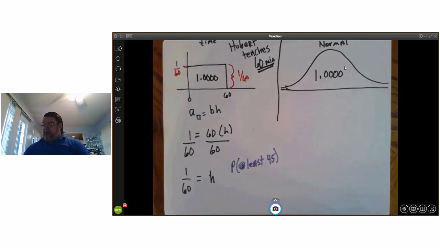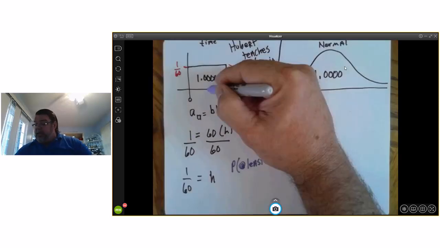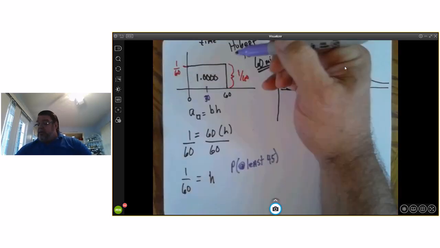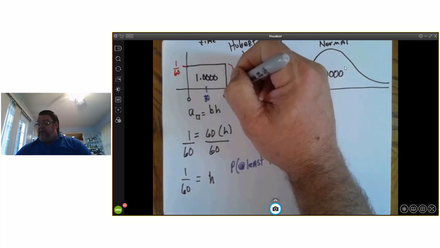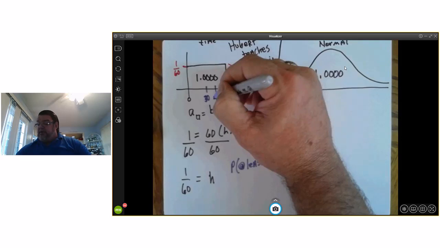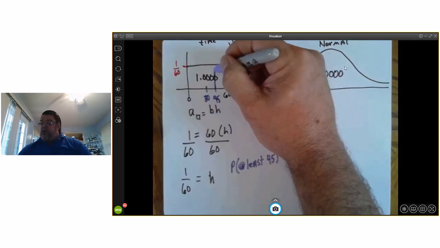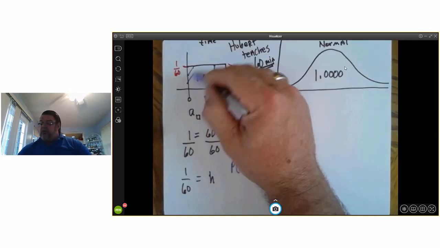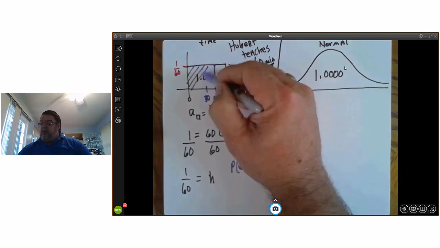So the probability of at least 45, so that means I've got to draw 45. Well, we know this is 30. And 30, half of 30 is 15. So there's 45 right there. So they want to know this area right here.